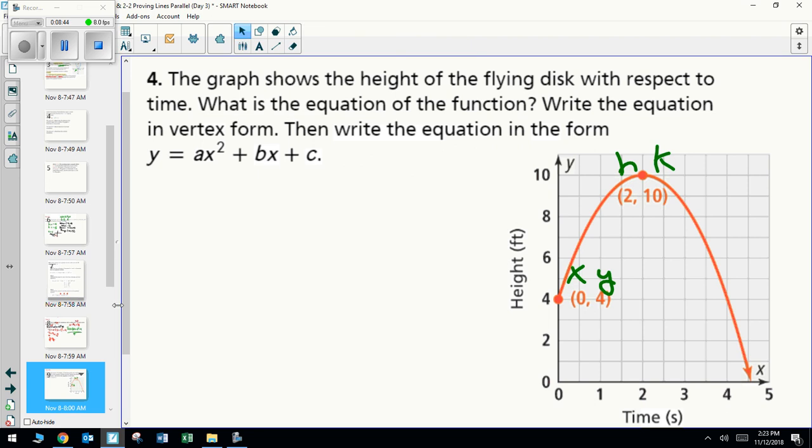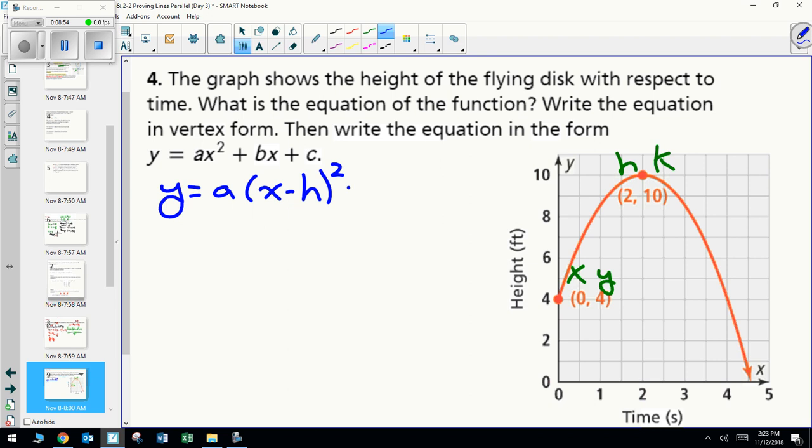I need to substitute those values into the vertex form, which again is y equals a times x minus h squared plus k. Substituting in those values, I get 4 equals a, which I still want to find. My x was 0, my h was 2, plus k, which was 10.